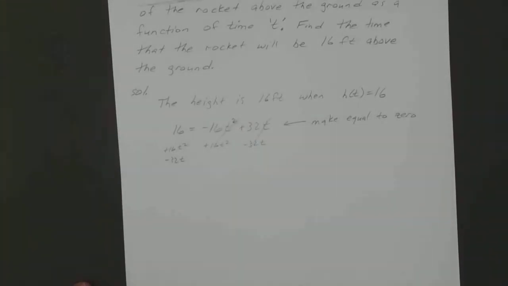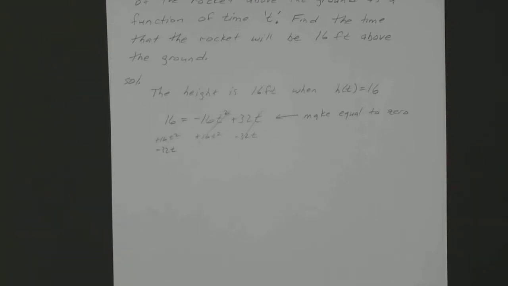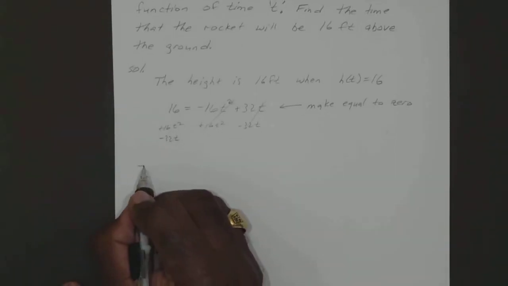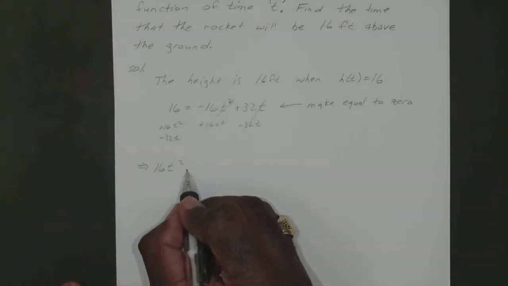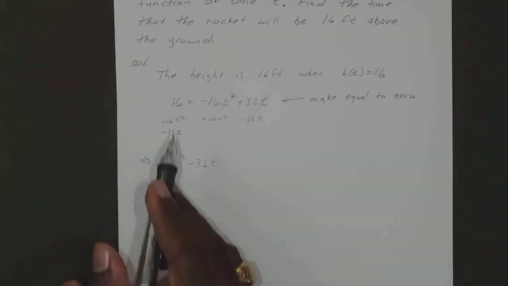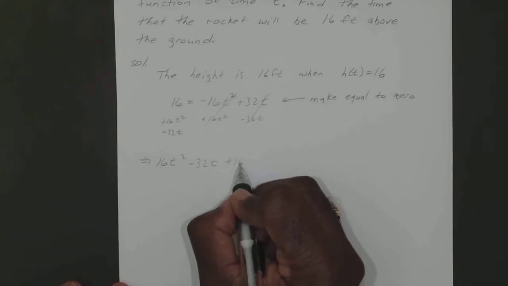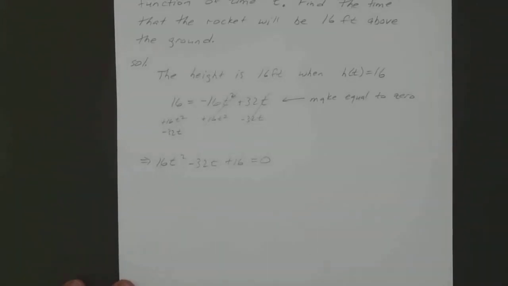So we know those two will end up just disappearing. So we have 16t squared minus 32t plus 16 equals 0. Okay, so we just pulled everything to one side.